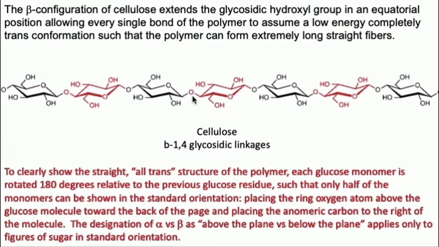What happens then if we take the glucose monomer and flip it over, such that each glucose residue in cellulose flips 180 degrees relative to the previous? That is the actual structure of cellulose, because these residues will rotate into the lowest energy conformation. As we would expect, the standard representation of glucose puts the oxygen above the plane of the ring, and by definition, if you rotate that ring 180 degrees, now the oxygen will be below the level of the ring.